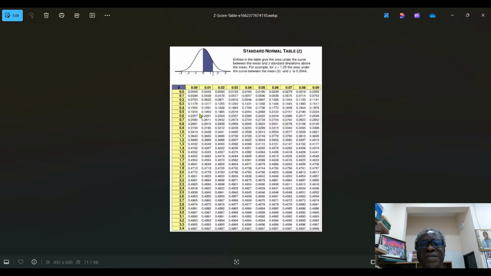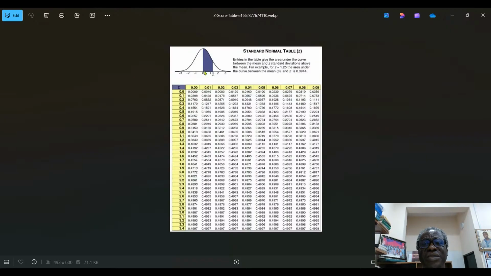For Z equals 2, we come to this. This is Z equals 2, and you have the value to be 0.4772.